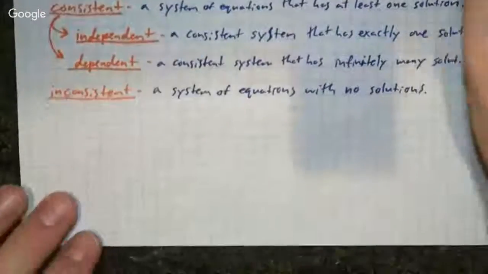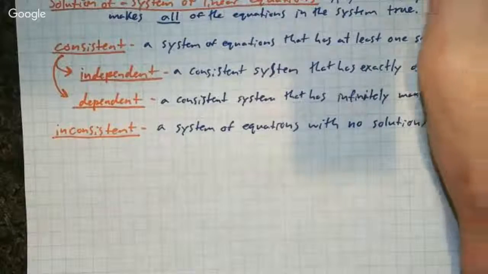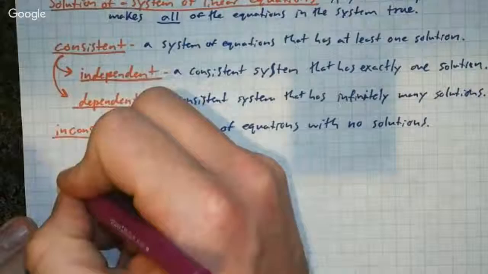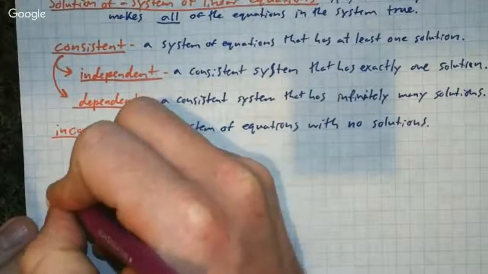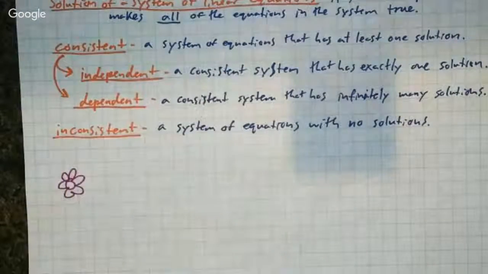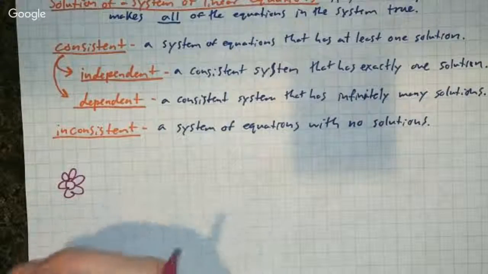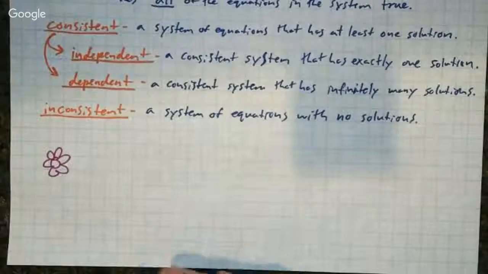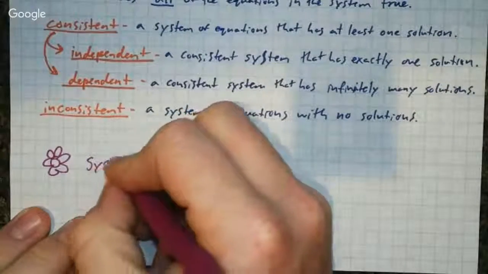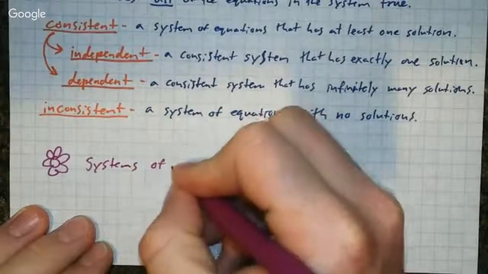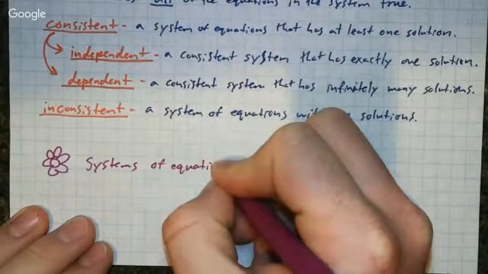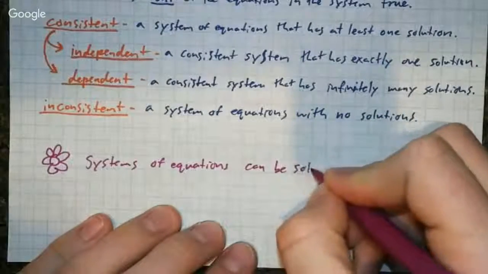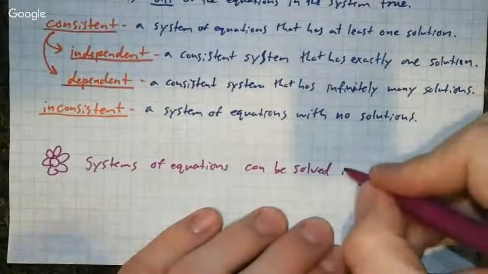Okay, before we move on and get some input modeling down, there's one thing I want us to note. Now, as you'll see as we go through chapter 6, there's many ways systems of equations can be solved in many ways.